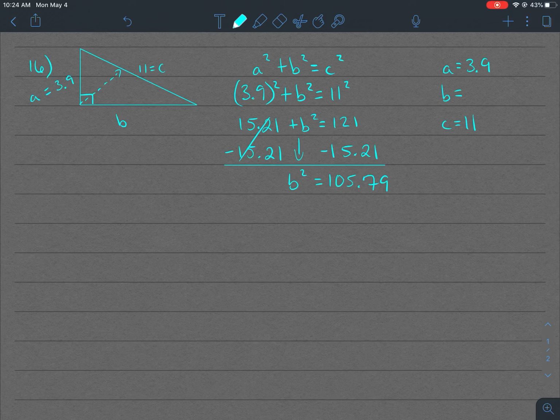And to undo a square, you have to take the square root. So b is equal to the square root of 105.79. Okay, or if you take the square root of that, which some of you may have a calculator that can do, you should get something close to 10.29 if you round up. Okay?